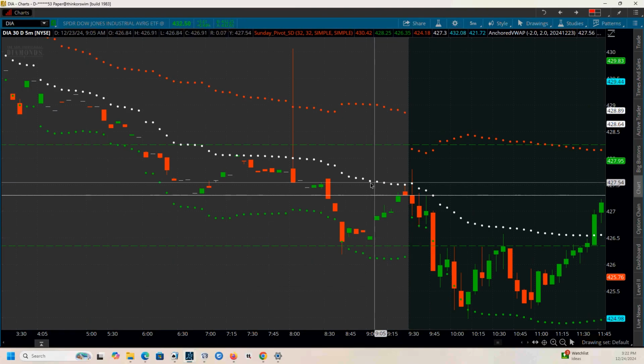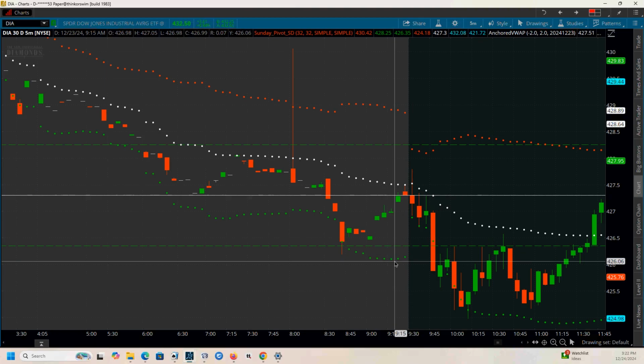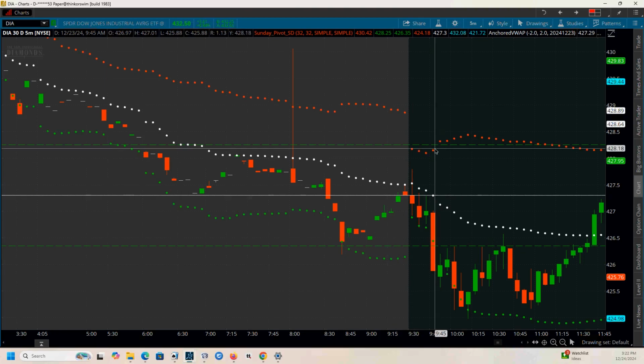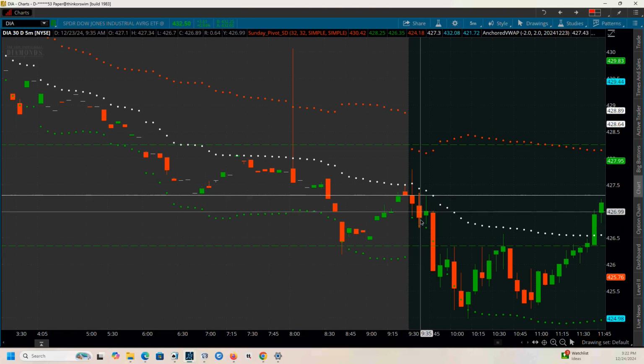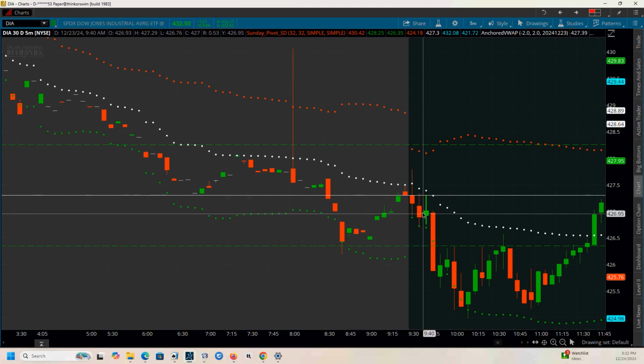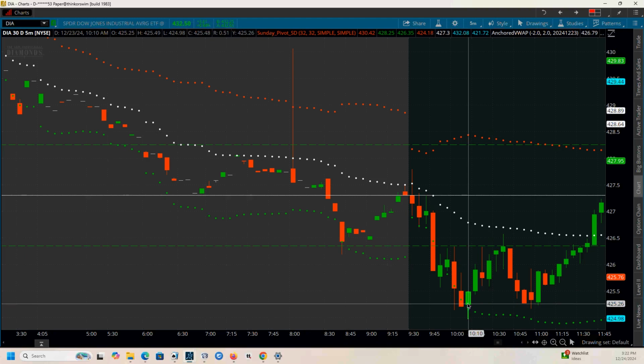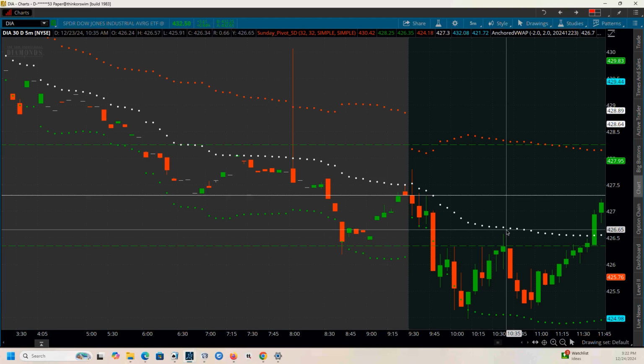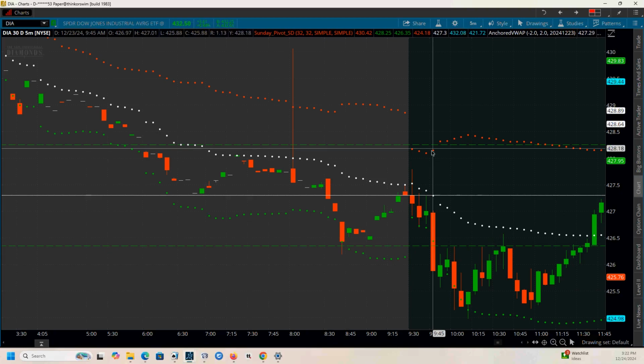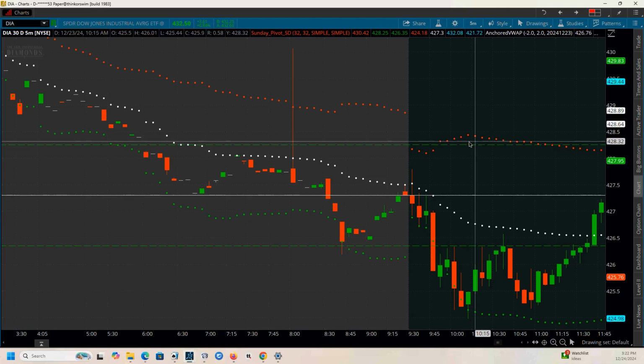This line is the VWAP line. This line is the 2 standard deviation line that they have on the Thinkorswim platform, and this is the 2 standard deviation above. One of the things I notice is that it'll go along these 2 standard deviation lines, then pull back to your middle line. It's kind of like your mean line or your VWAP line.